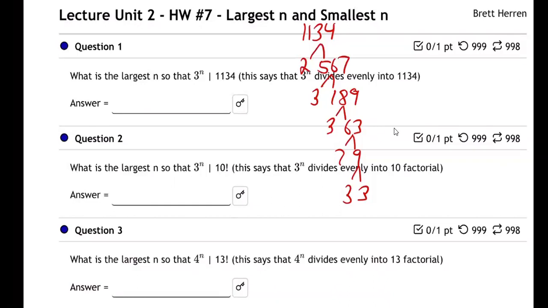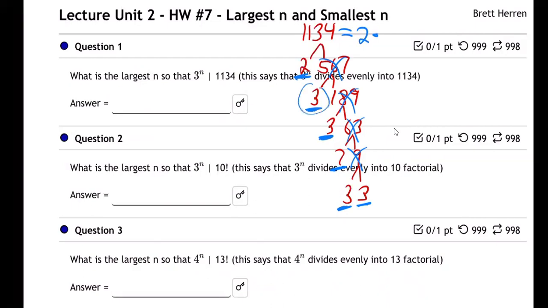Okay. So all these numbers that are the primes that can't break down further, those are the building blocks of the 1134, not the other numbers, right? They all broke apart. So what are we left with? 2, and then how many 3's?